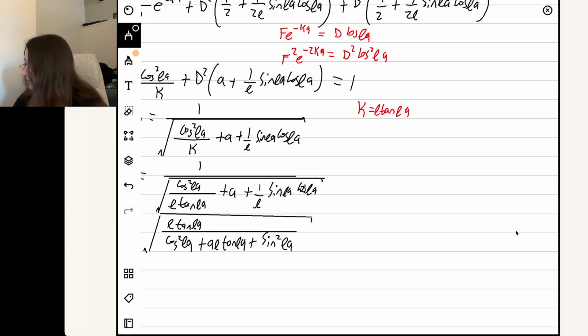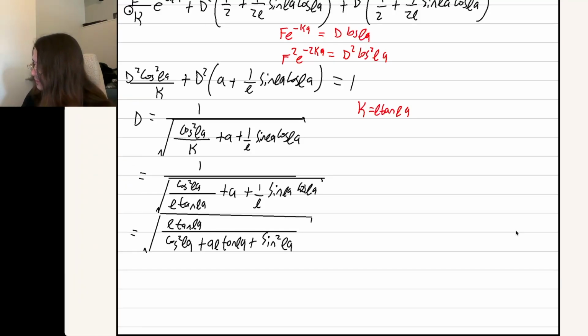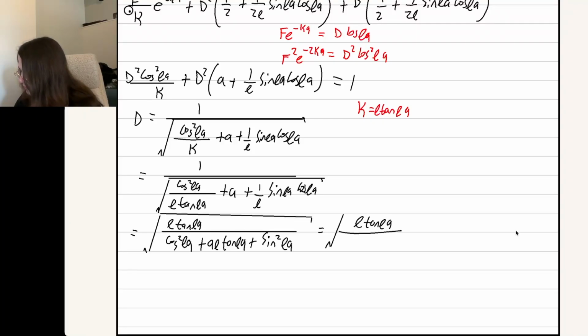But yeah, and that's cool because we know that sine squared plus cosine squared is 1, so we'll just write it like that, L tan La over 1 plus a L tan La. And then it's even prettier when you plug in this definition again and just say that this is kappa over 1 plus kappa a.